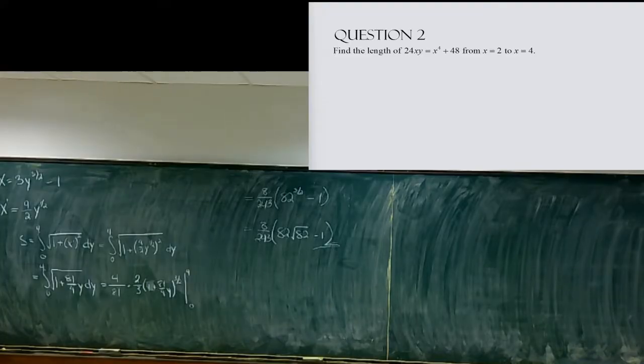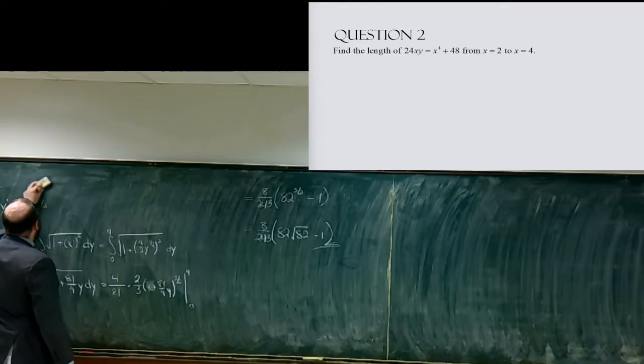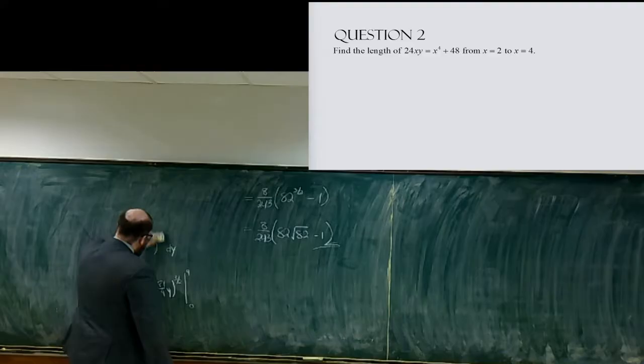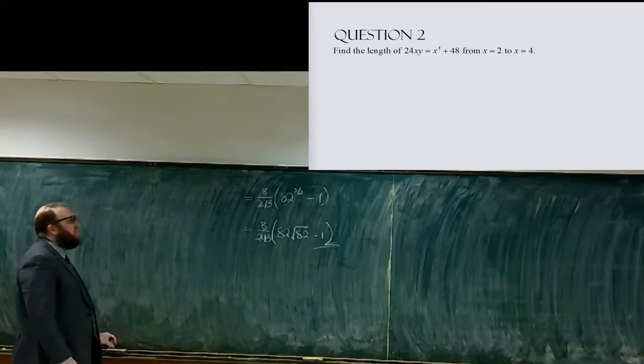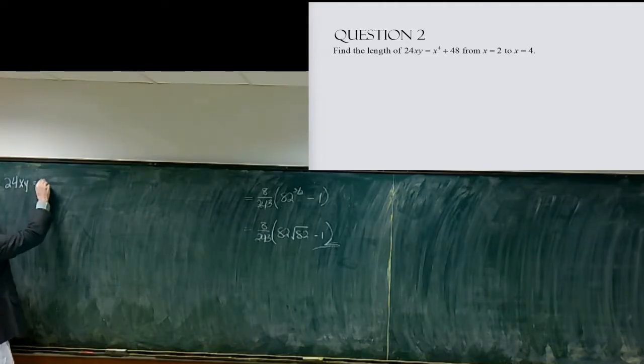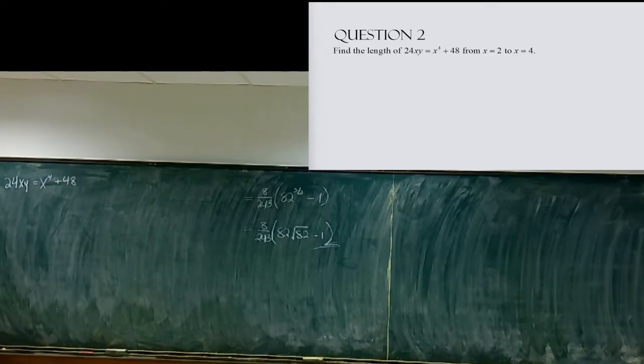Find the length of the curve 24xy equals x to the 4th plus 48 over the interval x equals 2 to 4. We're going to need y prime in this case.